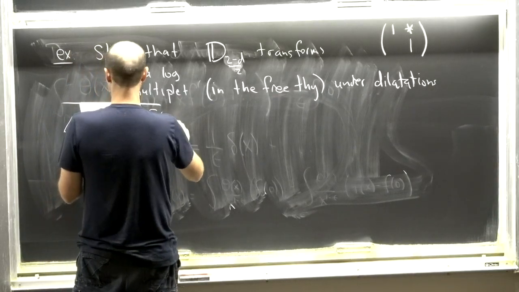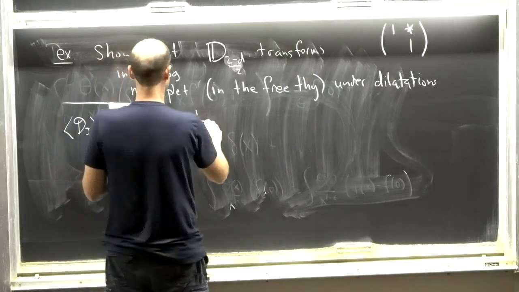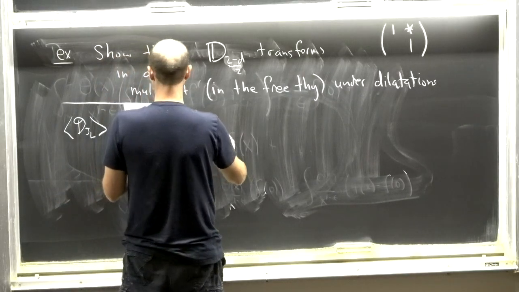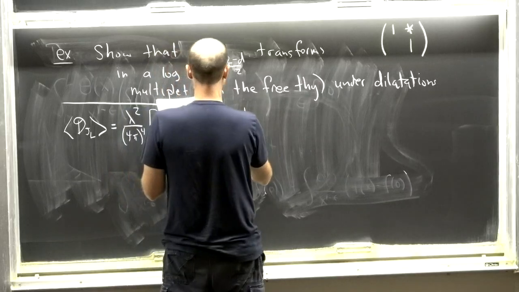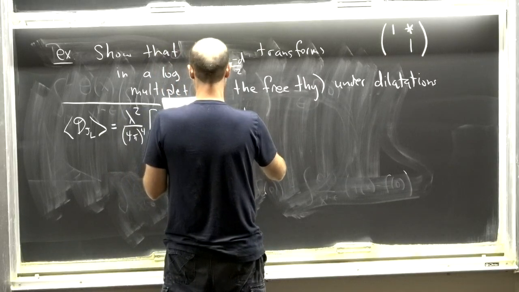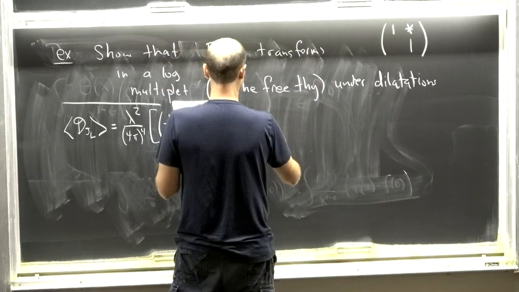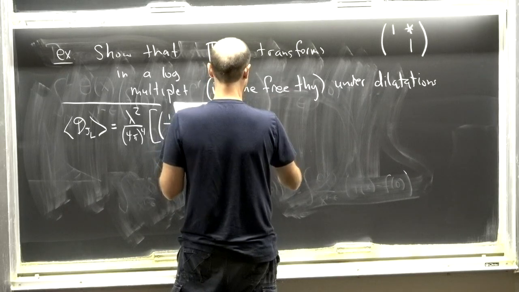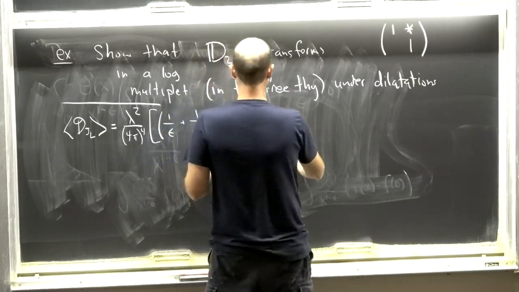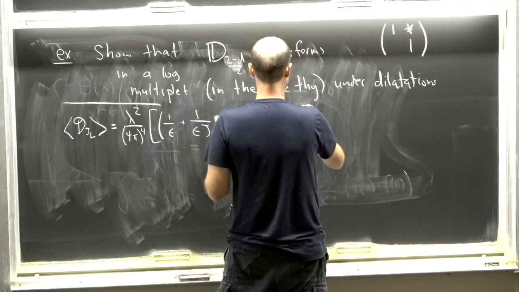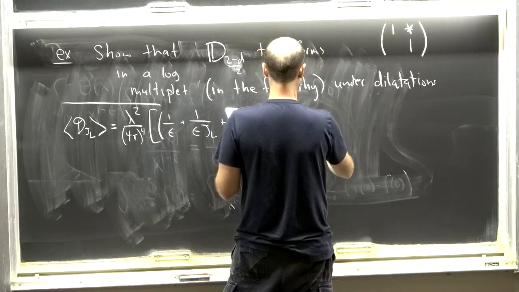So there's a 1 over epsilon pole. You also get 1 over mixed poles between epsilon and JL of various kinds. And this is proportional to the tree level matrix element.